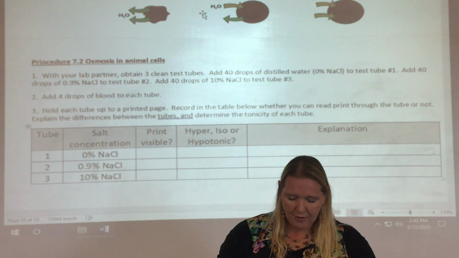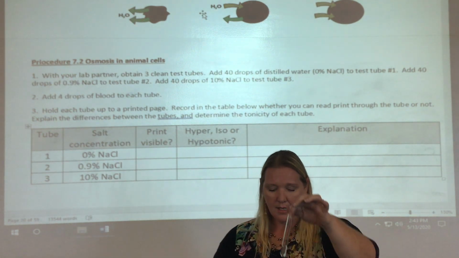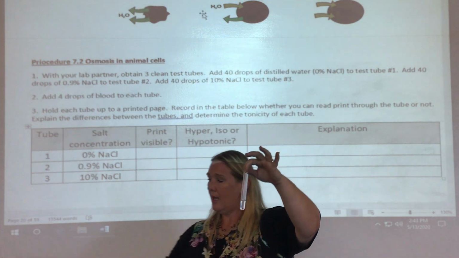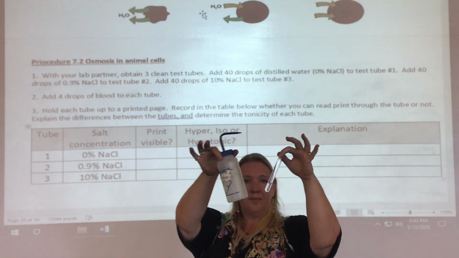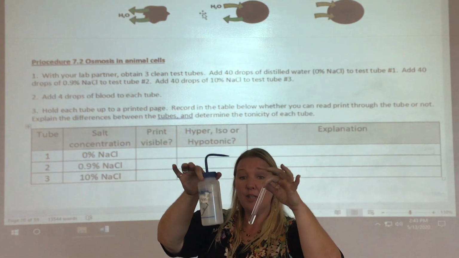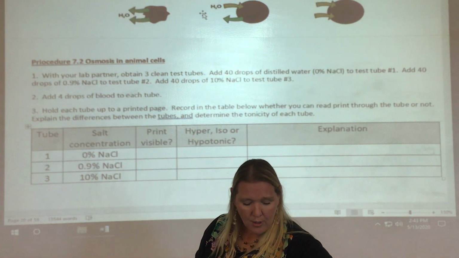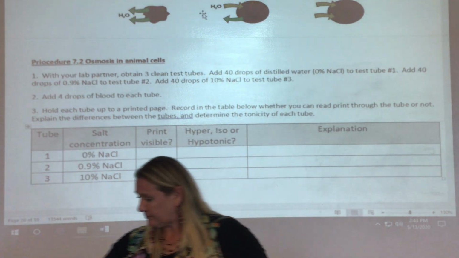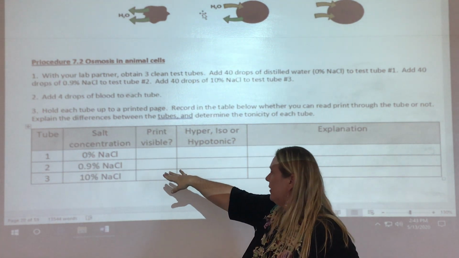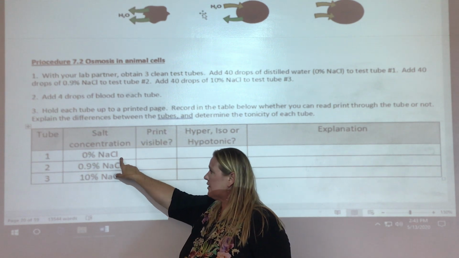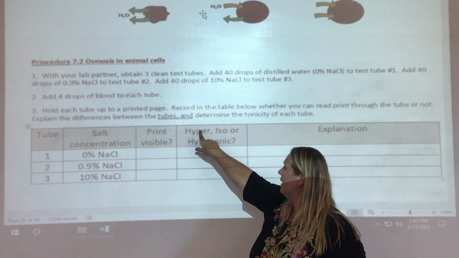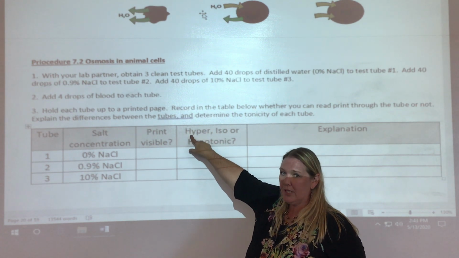And then I have 3 solutions here. Test tube 1 is going to have 0% salt, and what that is, is our distilled water. So it should only be water. There should be no salt. It should be pure water. If it's pure water, and it has 0% salt, is that hypotonic, isotonic, or hypertonic?